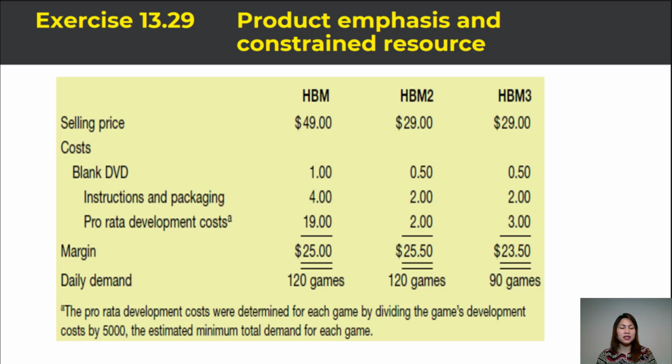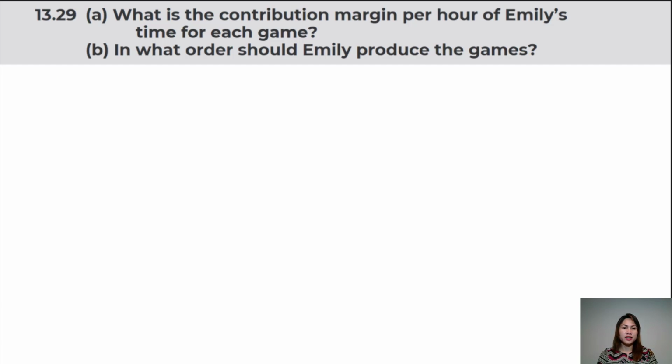Daily demand is 120 games for HBM and HBM2, and HBM3 is 90 games per day. Now, first requirement. What is the contribution margin per hour of Emily's time for each game? So that's part A and part B. In what order should Emily produce the games?